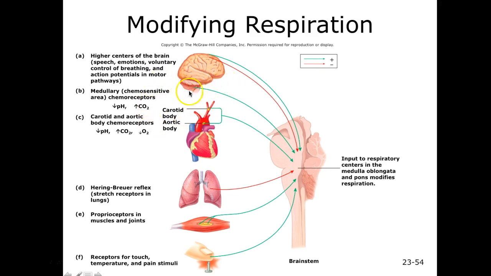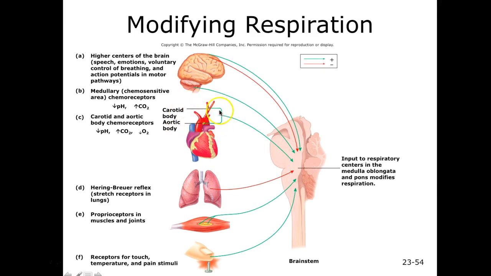Also, our medullary area, the medulla oblongata, will have special chemoreceptors that are keeping an eye on our pH and carbon dioxide levels. So if we see that we have a decrease in pH or an increase in carbon dioxide, that will trigger our medulla oblongata to cause some changes.